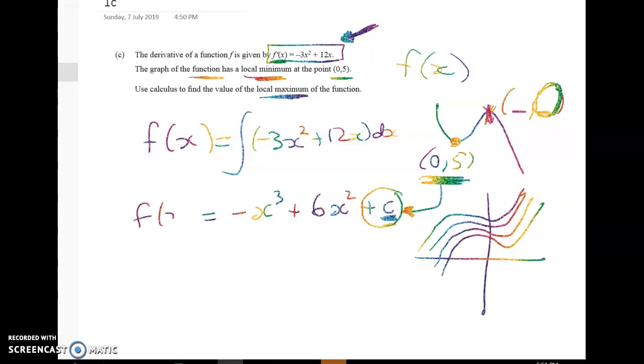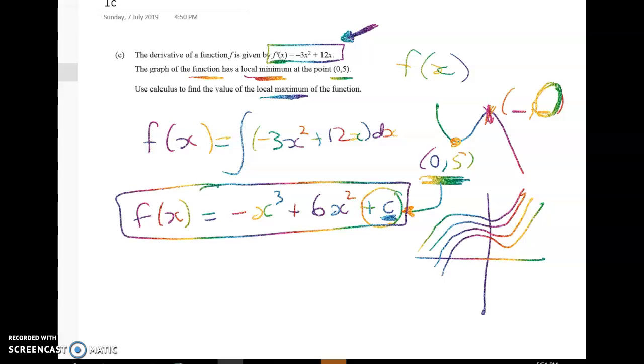So we've got our function, and there's two things we can do next. We can either straight away figure out the c, or we can go back and look at the gradient function again. I think I'm going to get on with it and find the plus c.